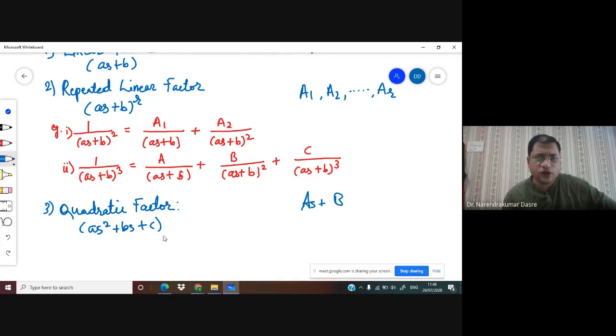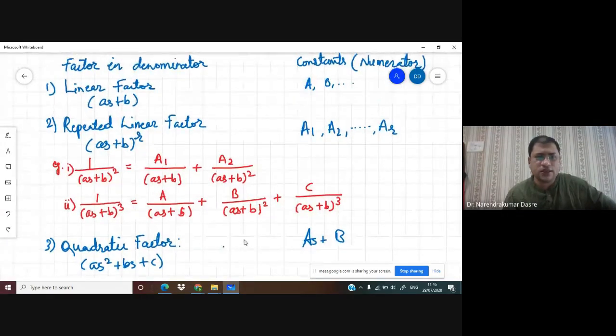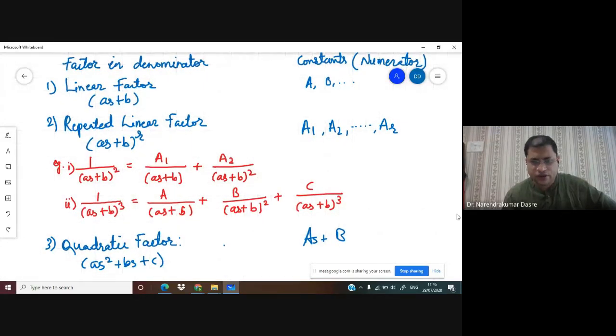And we don't go for the repeated quadratic factor because that is not going to serve our purpose. For that we need another method. This method has a limitation that it cannot treat the repeated quadratic factor. And hence this is what you will be having.